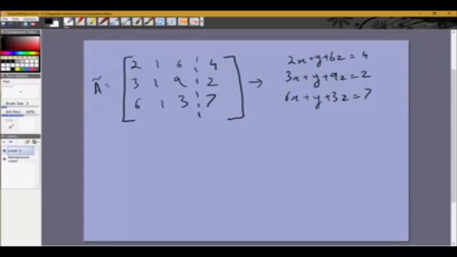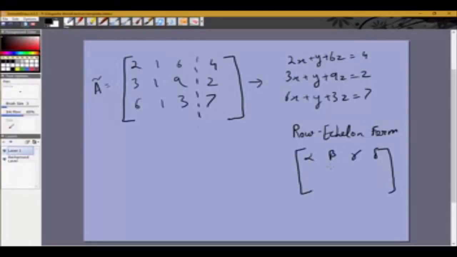Now what you do is you keep doing elementary row operations on this to get it into something we call a row echelon form. We'll discuss this in a second, but it basically is a way to get this into a simplified manner. A row echelon form is an augmented matrix of the form, if this is a 3 cross 4 matrix, it would be of the form alpha, beta, gamma, delta.